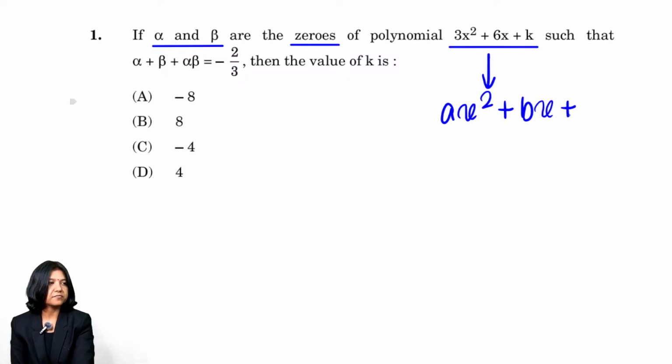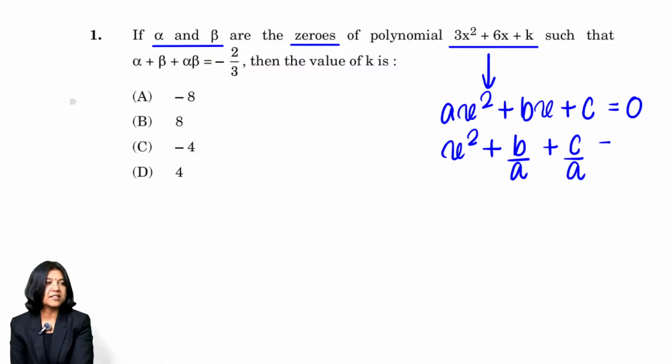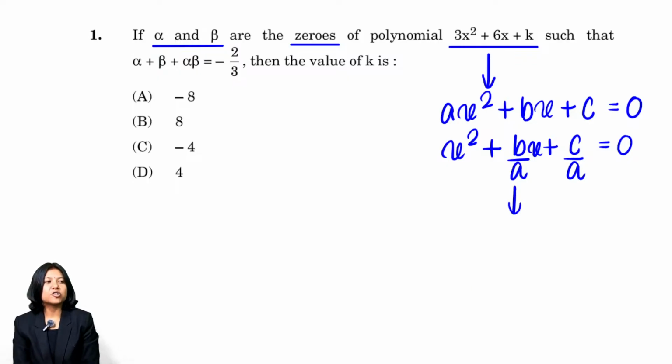So now, to remove this a from the first term, I'll divide the entire equation by a, giving me x square alone, and then I get b by a here and then c by a. So as I told you, in splitting the middle term, you always represent the middle term as the sum of the two values that you are getting as the factors of the last term.